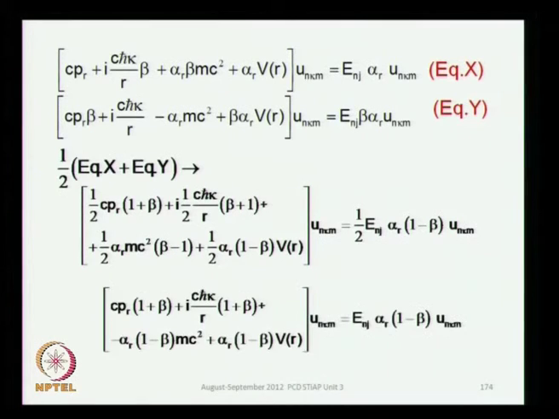Once again we can make use of the fact that we already know what 1 plus beta does to u and what 1 minus beta does to u. So, those results we can already use.